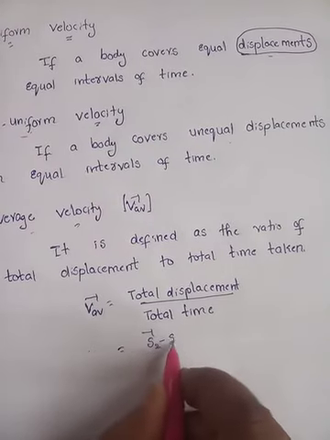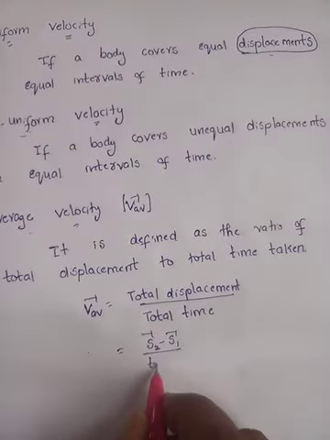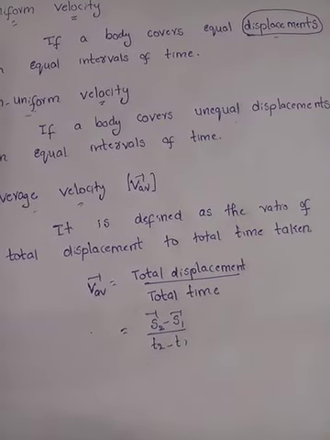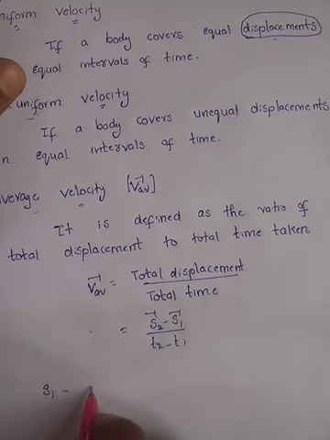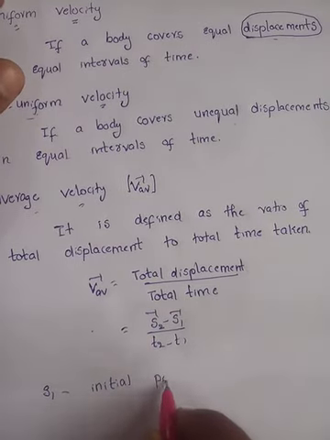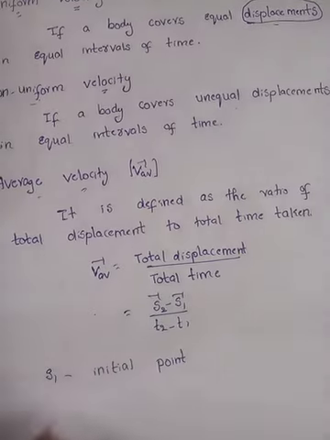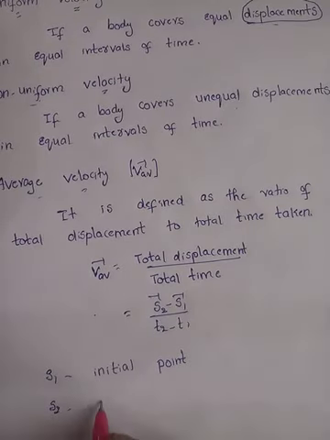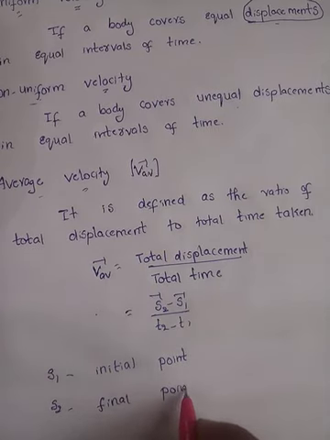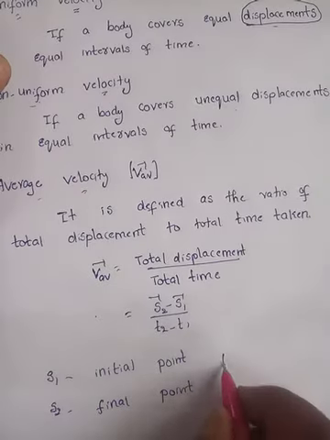So the formula can be written as S2 minus S1 by T2 minus T1. We should not write S2 plus S1. Why? What is S1? Displacement is the shortest distance between initial and final point. S1 is the initial point, S2 is the final point.